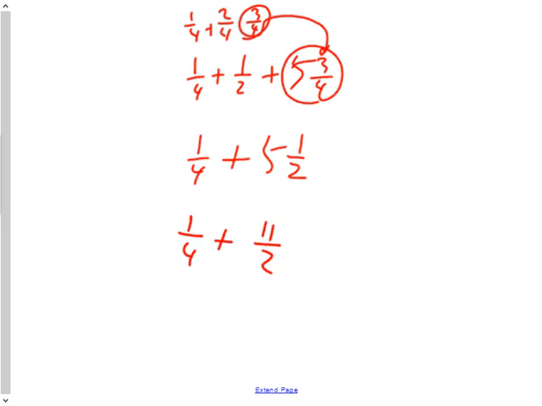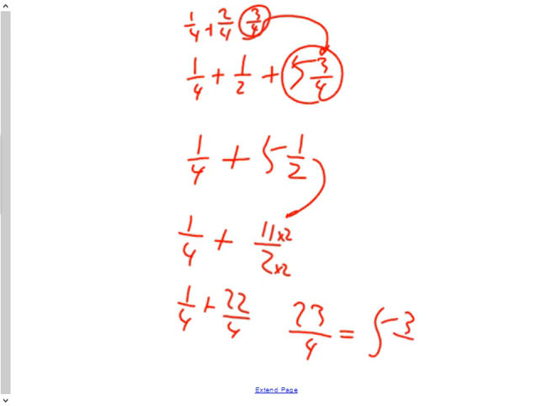Simply change the mixed fraction to improper, follow the same procedure by making it into an equivalent fraction, and you would have 23/4. Right? Oh, I think I made a mistake. Oh no, that's right, 23/4, which is 5 and 3/4.